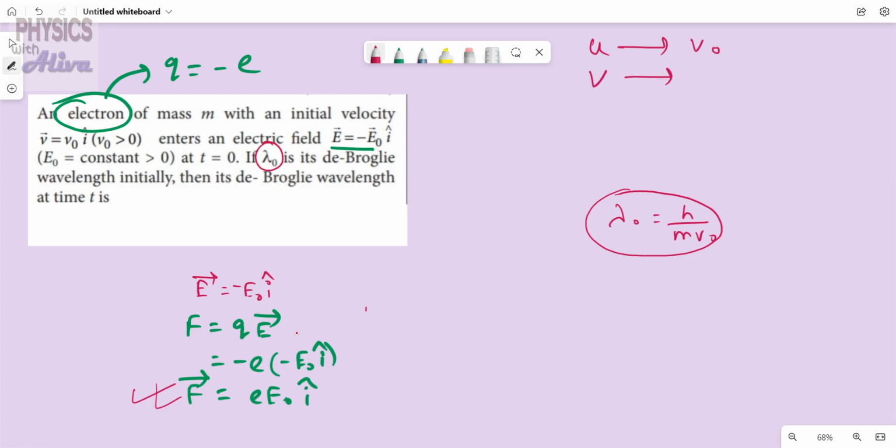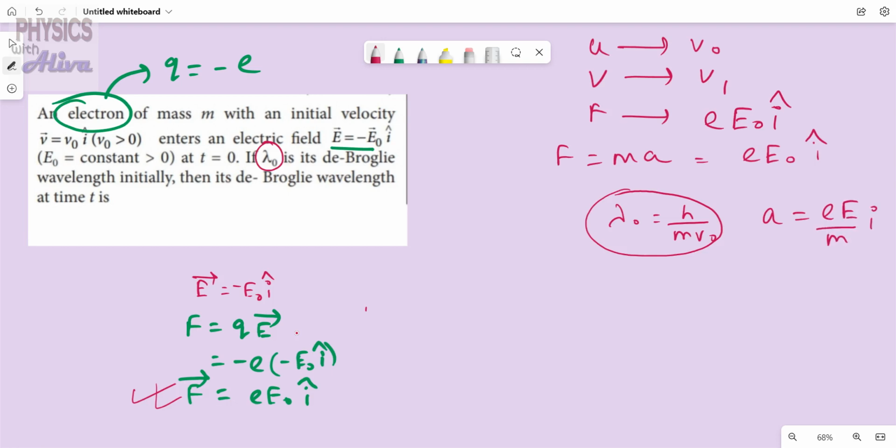So the final velocity will become something different, suppose v1, and the force applied is e E naught i cap. We know that force is equal to mass into acceleration. So we know that acceleration is equal to e E naught by m i cap.